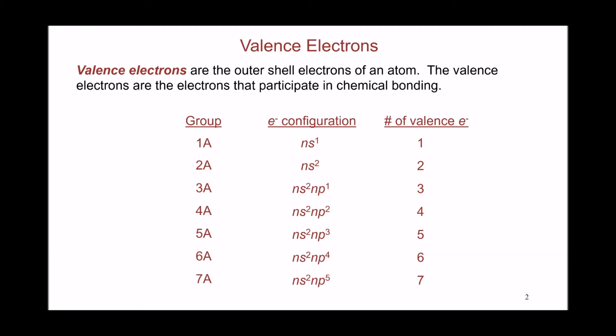So group 1 will have one valence electron that resides in an s orbital. Group 2, two valence electrons in an s orbital. Group 3, three valence electrons with two in an s orbital and one in a p orbital, and so on. Okay? Those are the electrons that will participate in any chemical interaction.